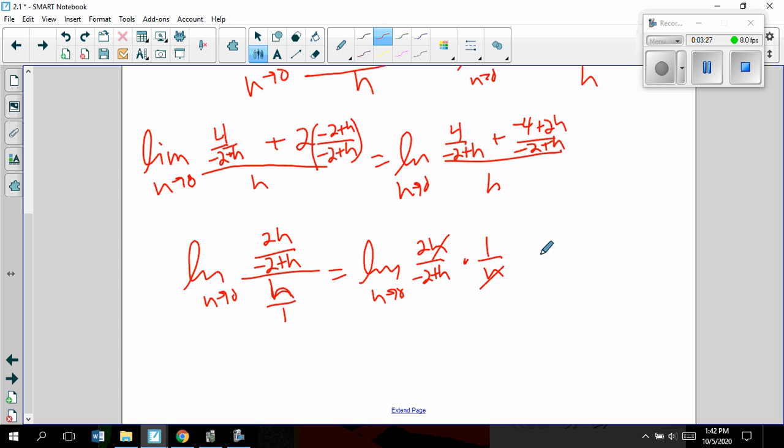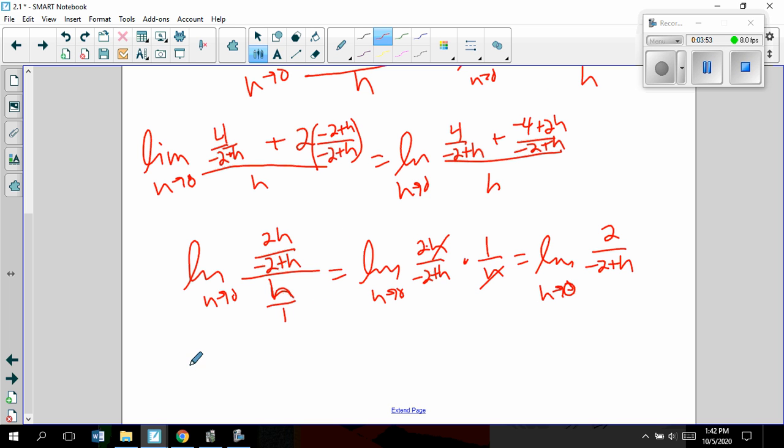Now those h's divide to 1, or cancel if you will. So now I have the limit as h goes to 0 of 2 over negative 2 plus h. So notice this 2, these are multiplying. These two h's divide to 1, that 2 is still there, and then your denominator.